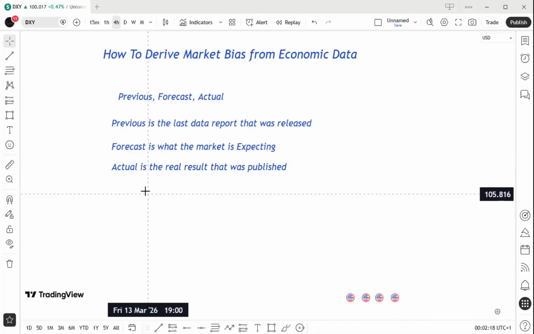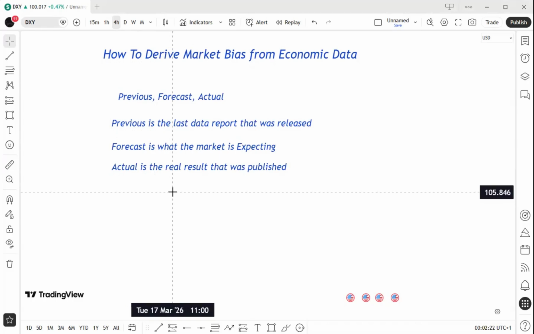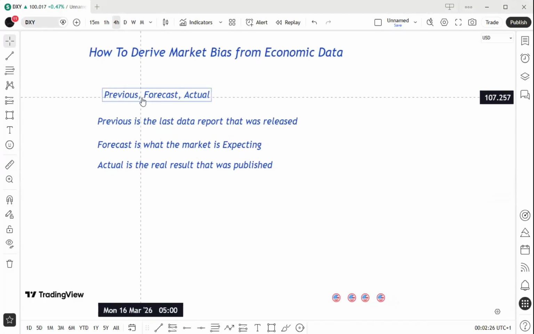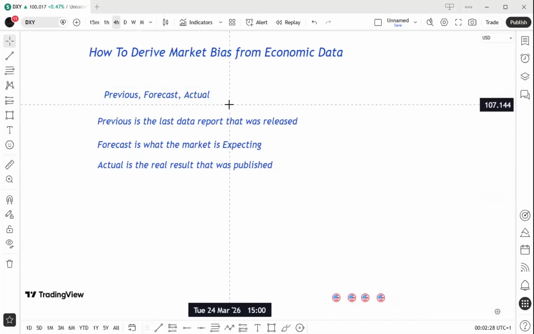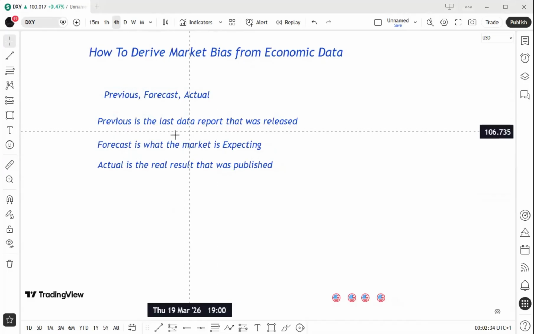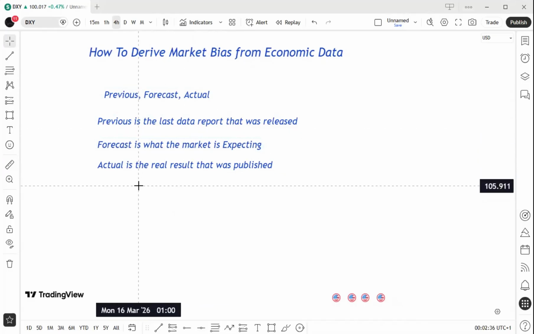That's what actual is. The real result of the data that was published. Now, we have known what is previous, what is forecast, and what is actual. How can we get bias from this previous, forecast, and actual?